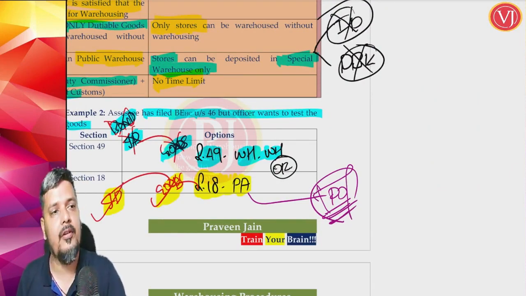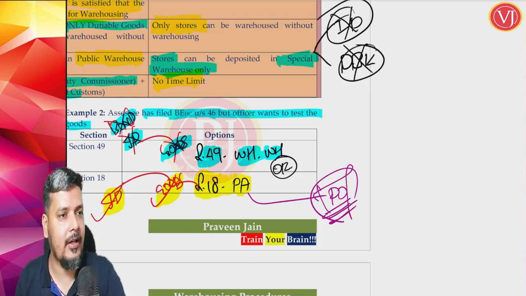Again, two options. Either take the goods to the warehouse and do the testing within 30 days plus extension; clearance of goods will not be done, and you don't pay import duty, but wait for the final checking. Or go for provisional assessment under section 18: pay the provisional duty and clear the goods.